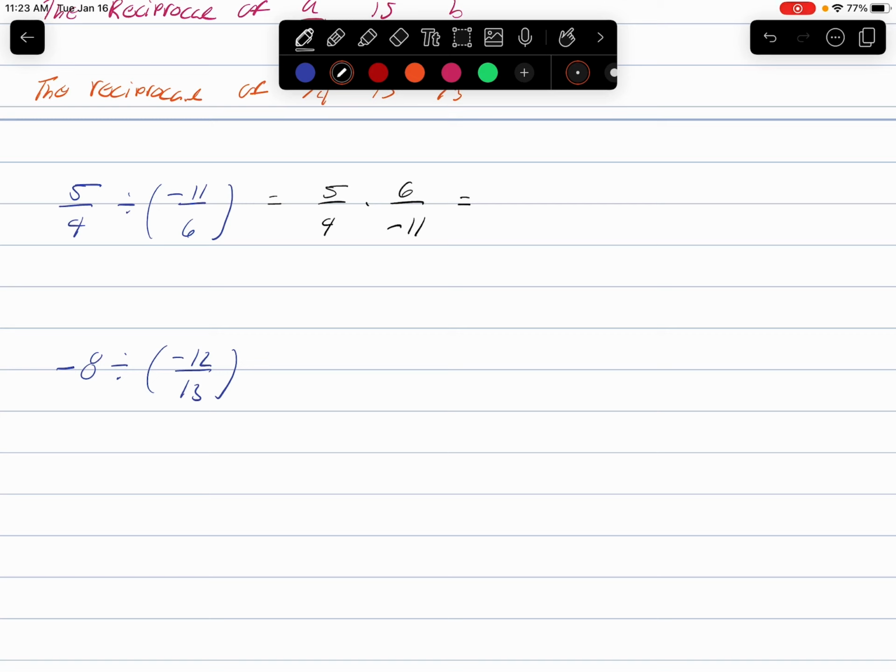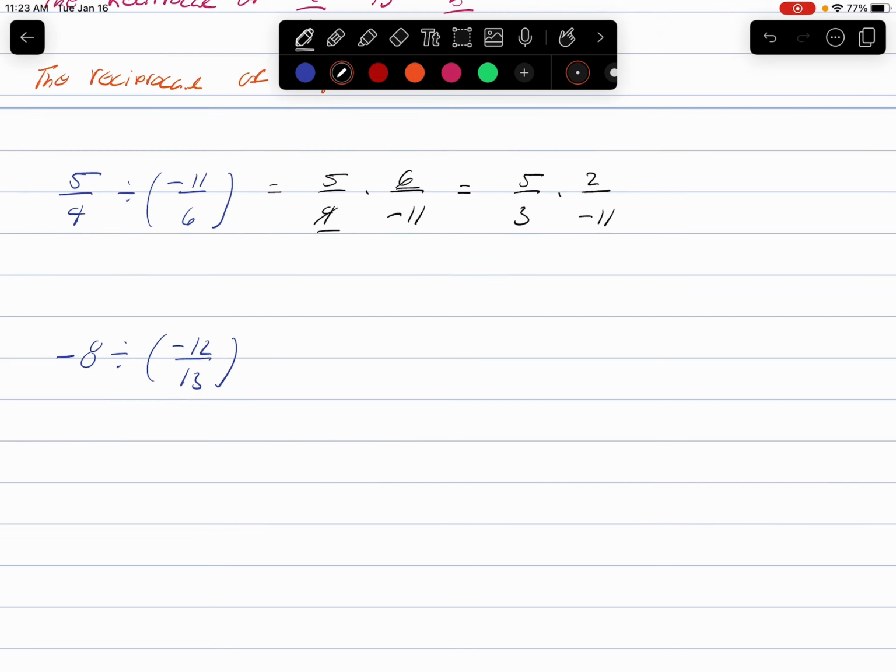But before we do that, we'll notice that we can actually go ahead and simplify this just a little bit. We can divide 6 and 9 both by 3, and that's going to give us 5/3 times 2/11. So we divide this by 3, divide this by 3, and we get 5/3 times 2/11.